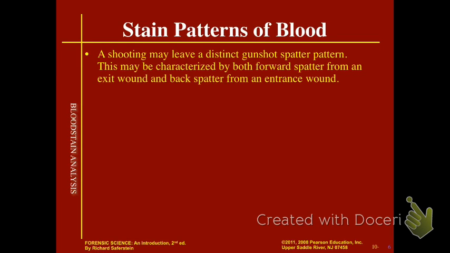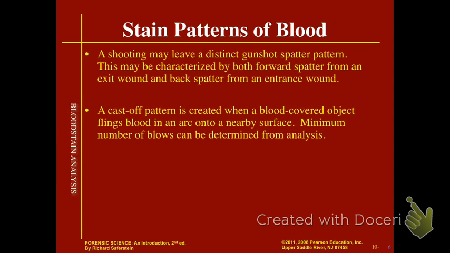There are many different bloodstain patterns. A shooting can leave this spatter pattern, can be forward spatter and backward spatter. Cast-off pattern is when you have a blood-covered object flinging blood in an arc on a nearby surface. You can use cast-off patterns, count the number of arcs to determine the minimum number of blows.